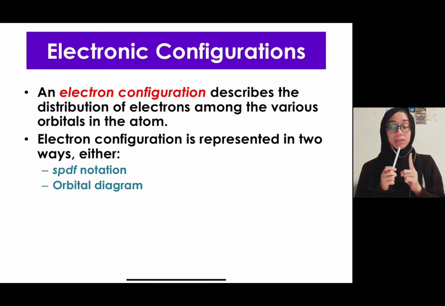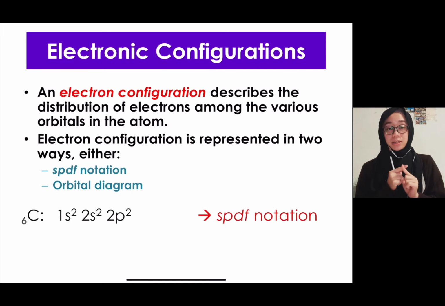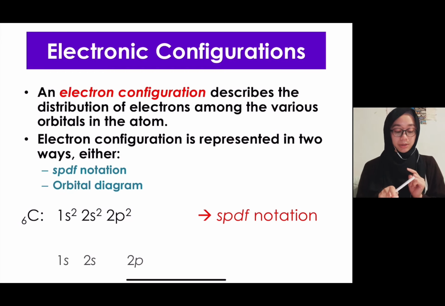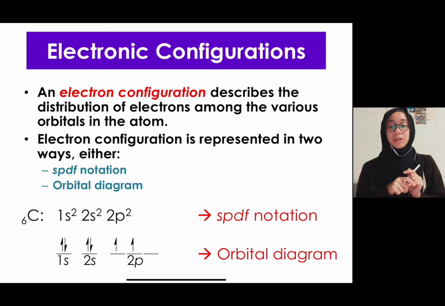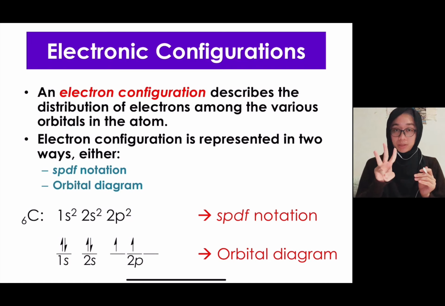One way is spdf notation, just like this one right here. Then there's another one, which we call the orbital diagram. Later on, kita akan tengok on how to write these electronic configurations. But first, let's learn about the three rules and principles.